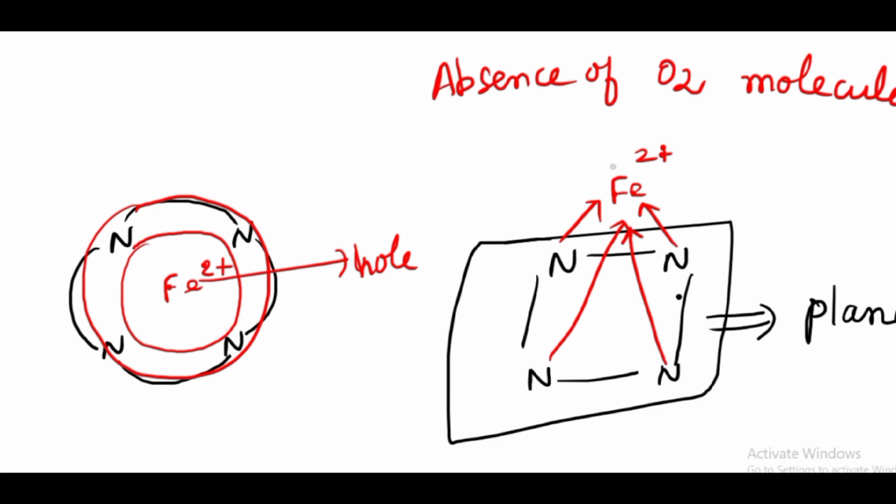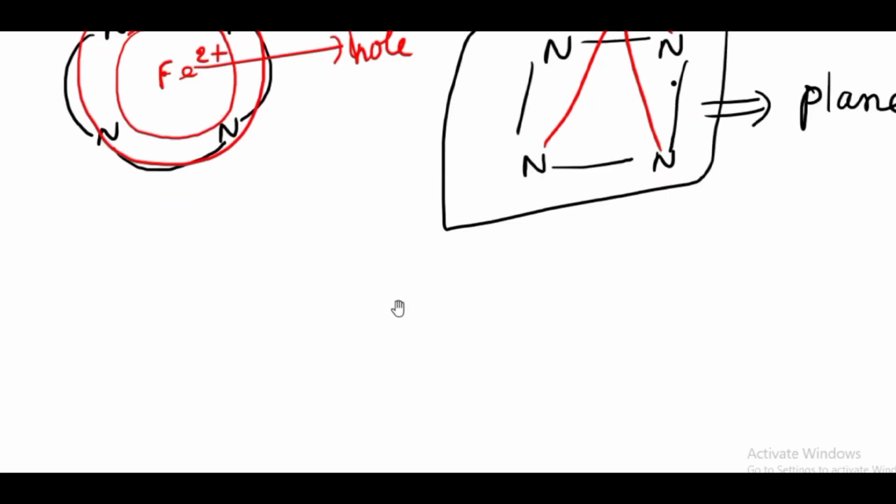Now let us extend our discussion: why is this Fe2+ so large that it cannot fit in the exact hole of the 4 nitrogen atoms? Why is Fe2+ so large?